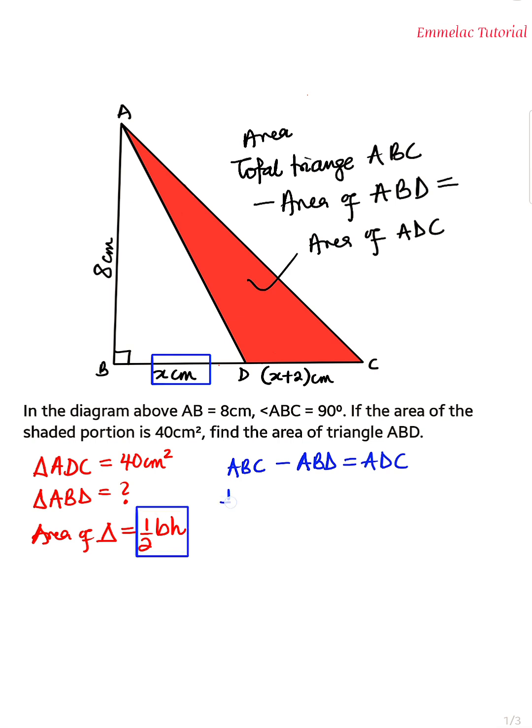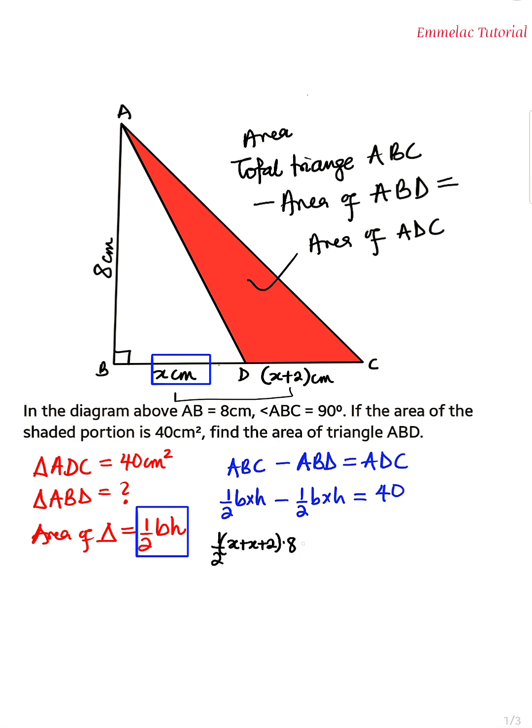So here we have 1/2 base times height for that of ABC, minus 1/2 base times height for triangle ABD, which equals the area of ADC, given as 40 from the question. So we have 1/2. What is the base of triangle ABC? The base will be the sum of x and x plus 2, so that will give us 2x plus 2. Now times the height, which is 8.